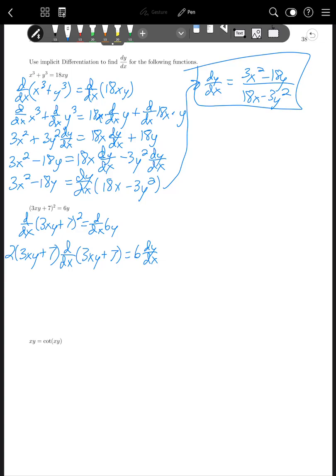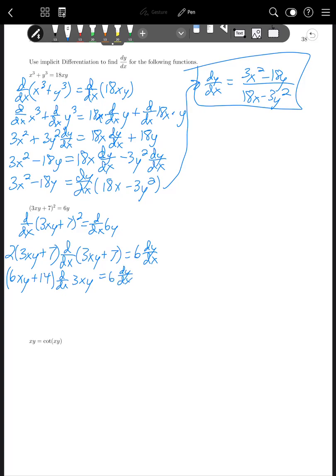Okay, then you could go ahead and distribute the 2 here, so it's 6xy plus 14. And then here I have to do this derivative. So that's going to be the derivative of 3xy, because the derivative of 7 is 0.